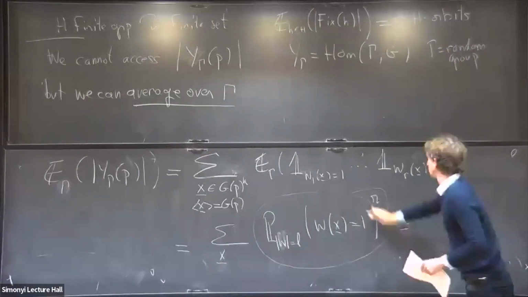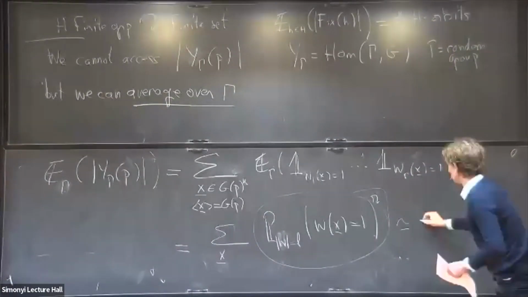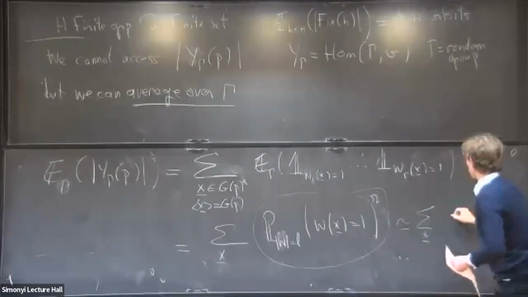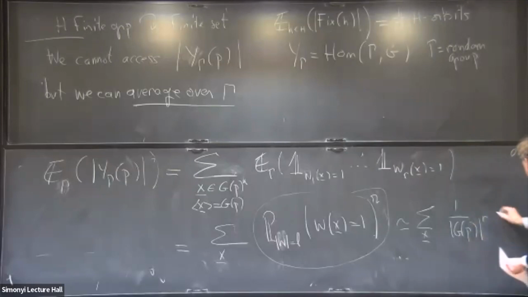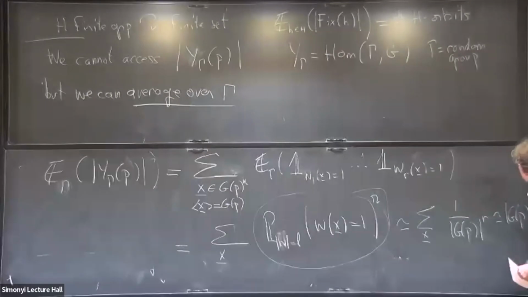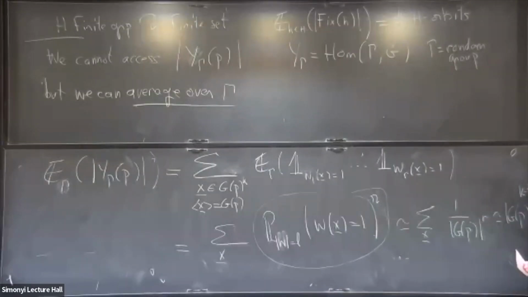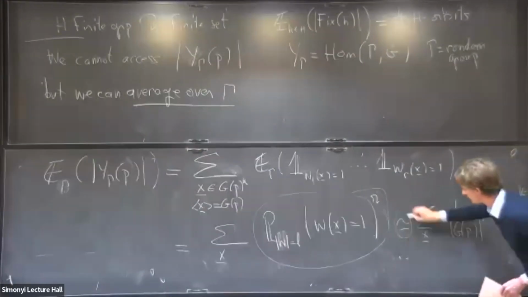Then I will know that this is the sum over X of one over G of P to the power R, and therefore G of P to the power K minus L in total. But of course, I need to justify these signs here.